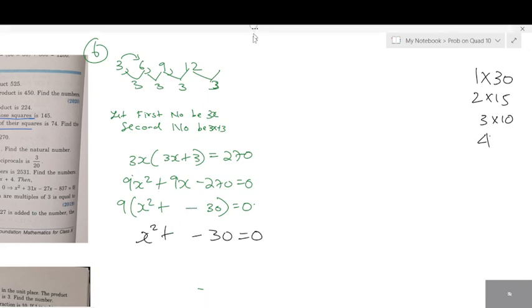Here, when you take out 9 common, you get only x. So it is not 9x. It is only x. You will have 30. For 30, it is 5 into 6 or 6 into 5.